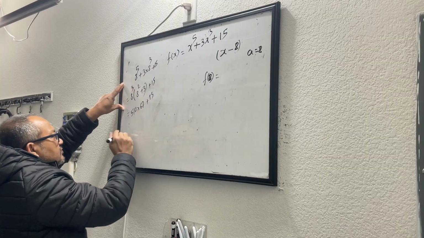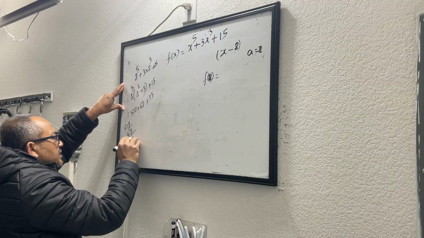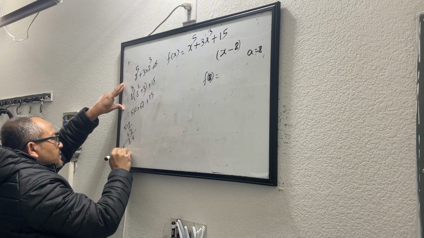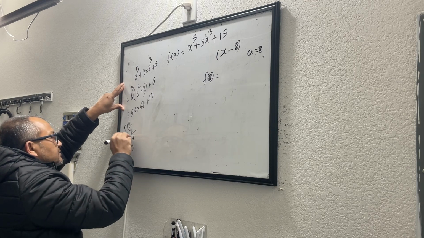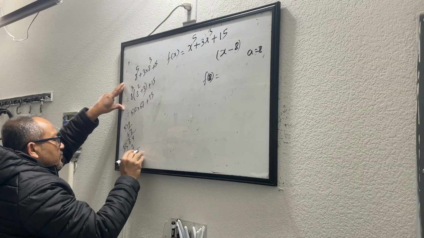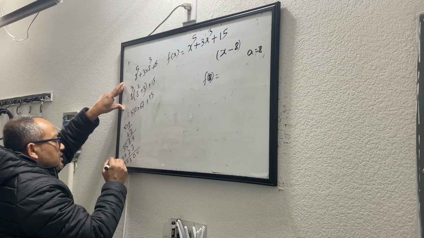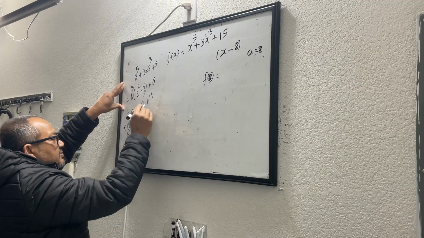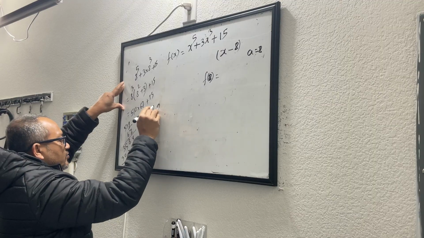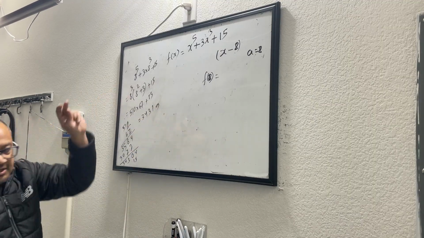So 512 into 67, plus 15, which gives 34319.